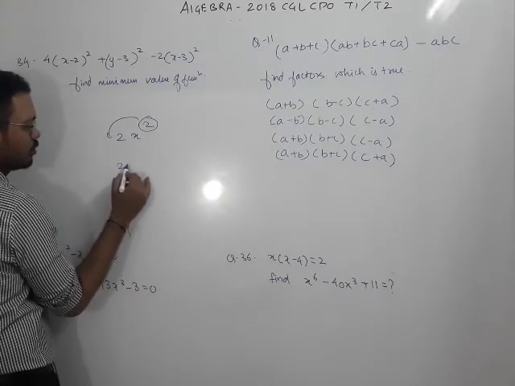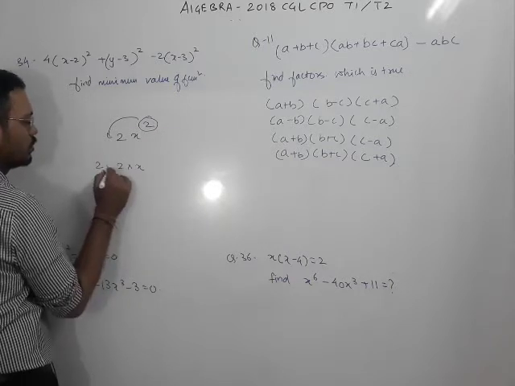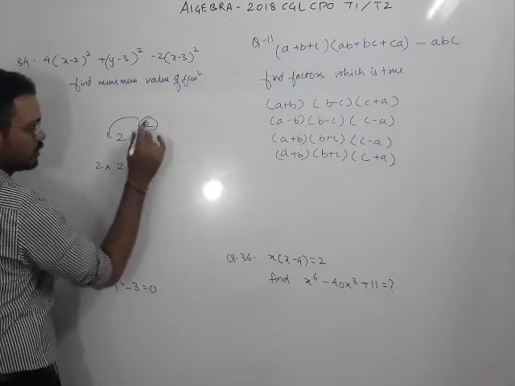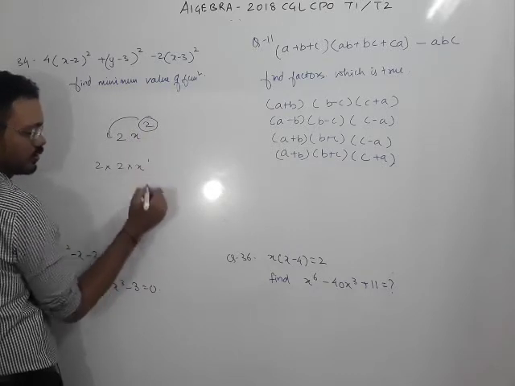It will be 2 into x, 2 into x raised to, this will be reduced by 1. This will come here, means it will be reduced by 1.